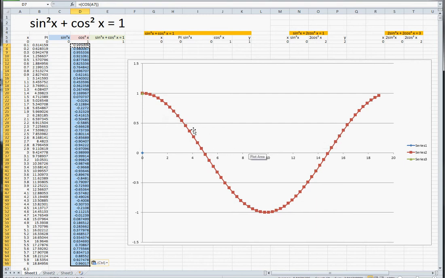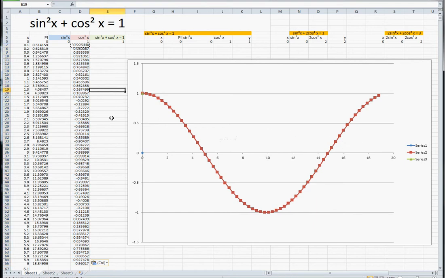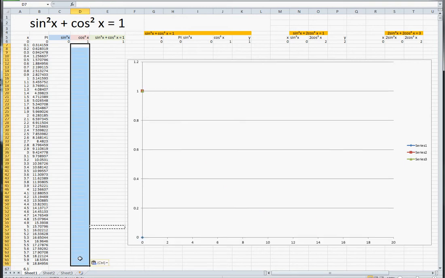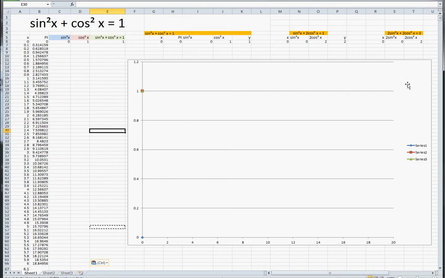Cosine would be in red, and that's a normal cosine wave. So, cool with that. Get rid of that. And that was a full loop around.